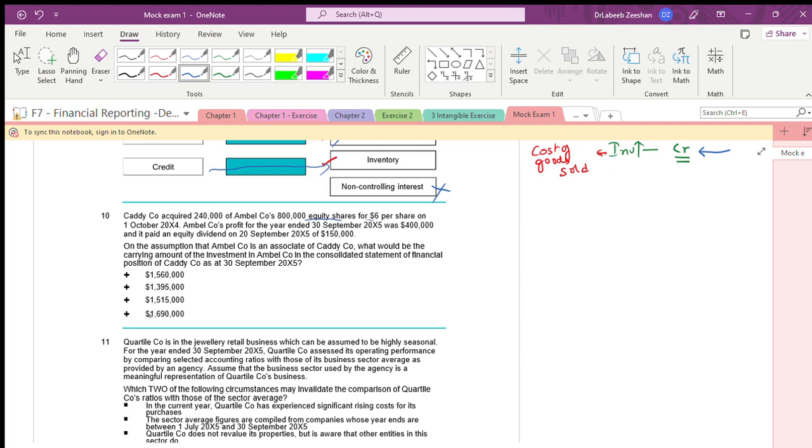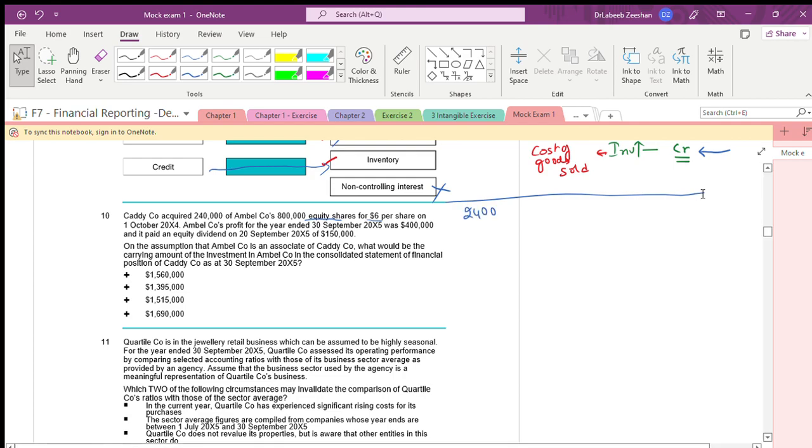How much have they acquired? 240 shares into $6 comes to 1,440. Six fours are 24, six twos are 12, 14. This is the cost of investment.